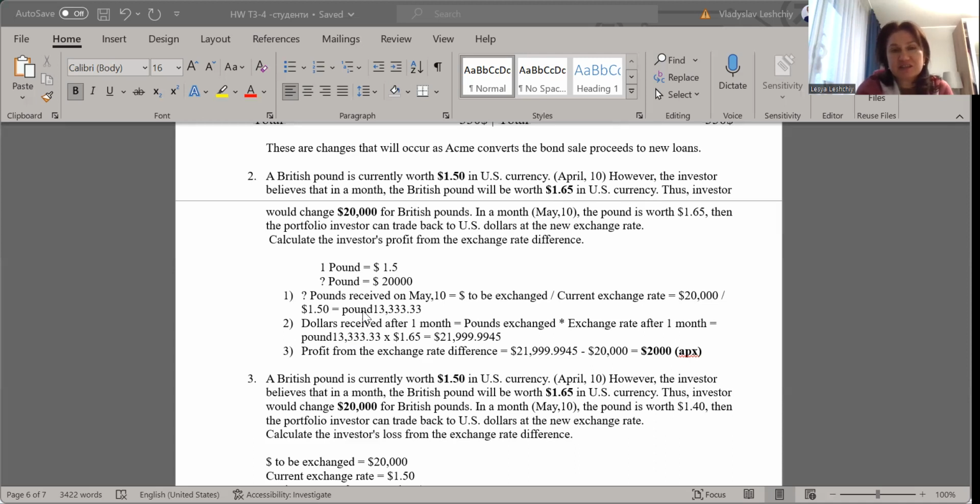So 16,333 multiplied by 1.65 is 21,000 and almost 22,000. So the profit from the exchange rate difference is 22,000 minus 20,000, which is $2,000 approximately. It's the profit from the exchange transaction.